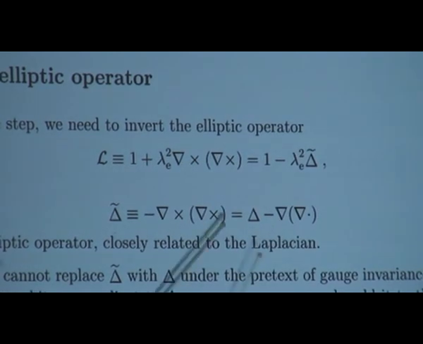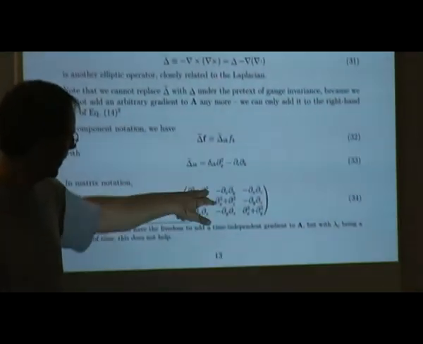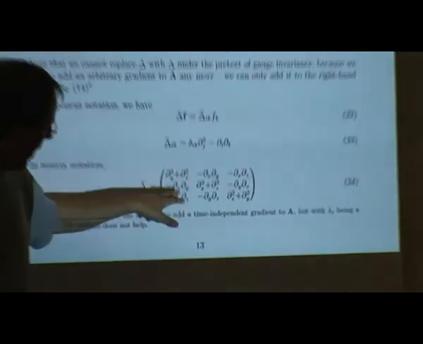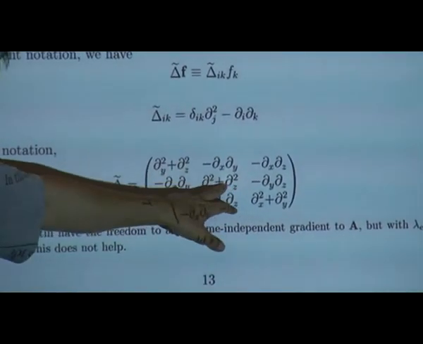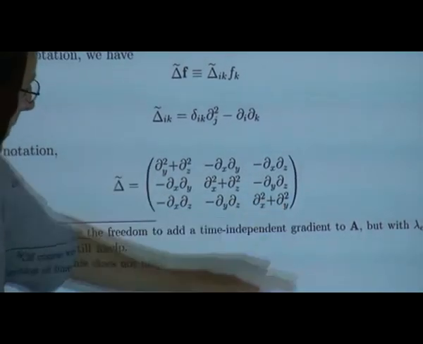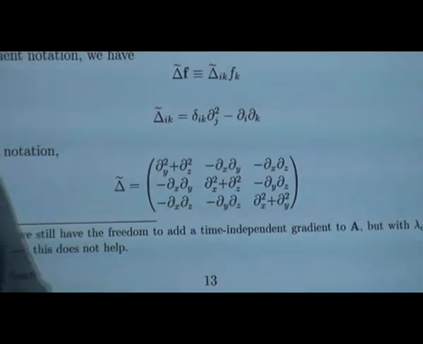And for the curl squared, I write this delta tilde, where delta is reminiscent of the standard Laplace operator, but it's not really the Laplace operator. You can write out this delta tilde, and you find that you're missing the second derivative with respect to x here, with respect to y there, with respect to z there, and you have all these non-diagonal terms.